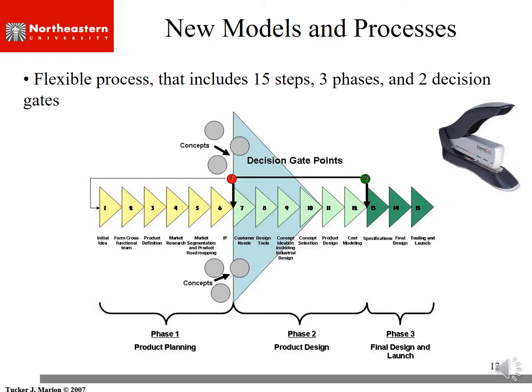The process, the 15 stage gates, which amounted to several years, again for a simple stapler, had three basic phases. It was product planning, so that's your strategy and ideation, product design, and then final design and launch, so refinements and launch.